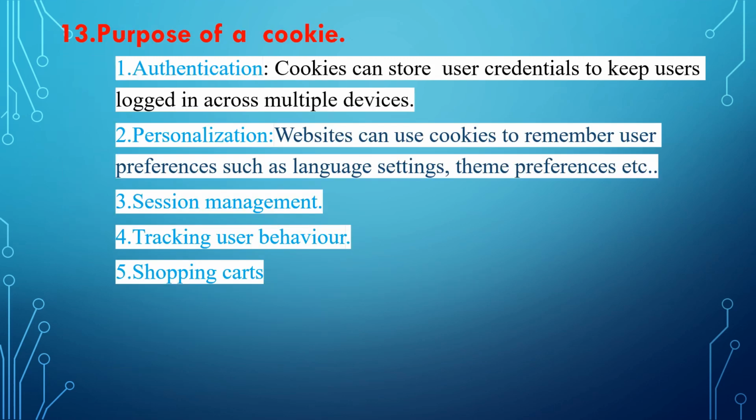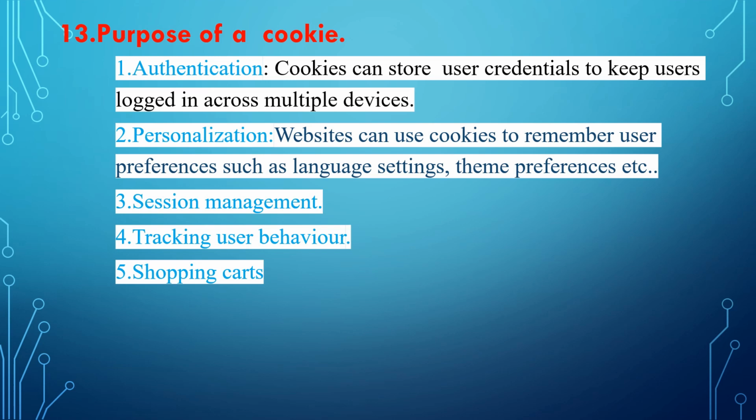Next, the purpose of a cookie. Cookies are mainly used for authentication. Cookies can store user credentials to keep users logged in across multiple devices. Cookies are always used to identify a user. Next, personalization.